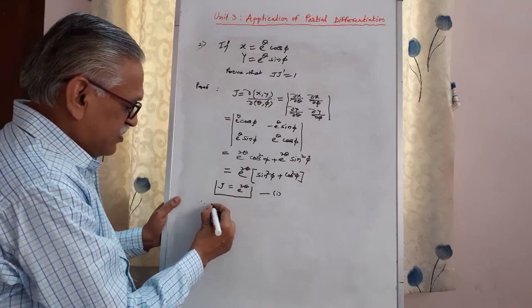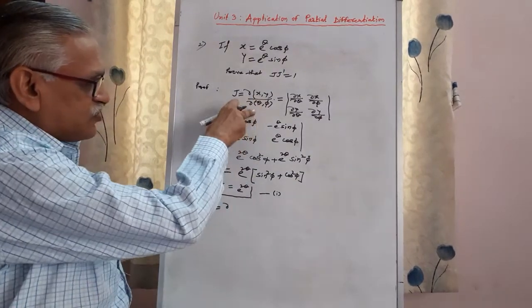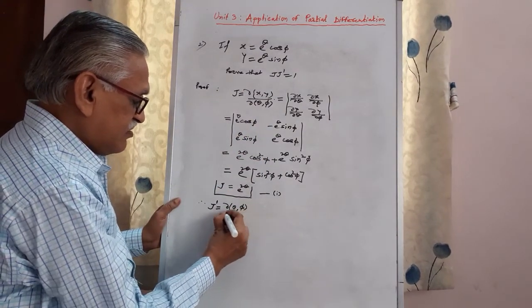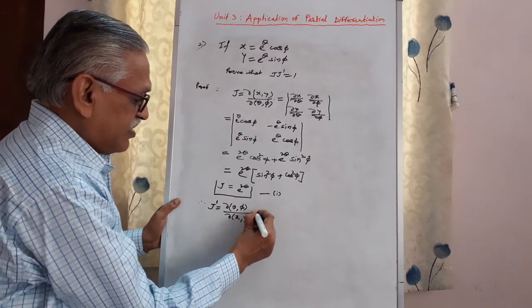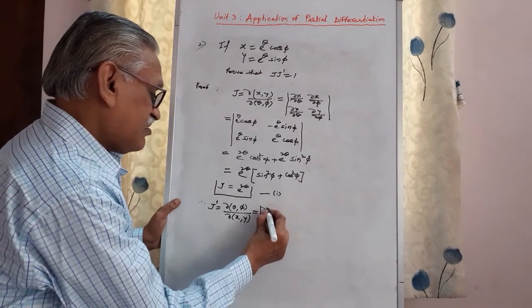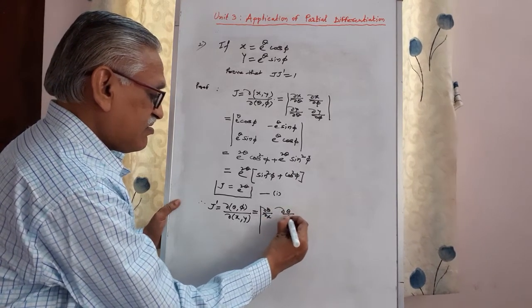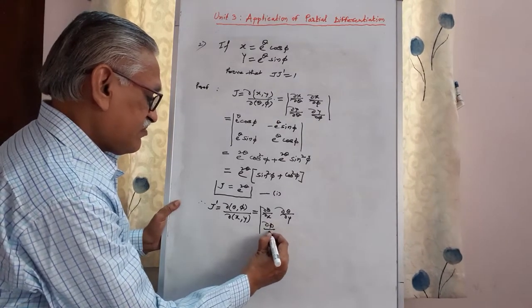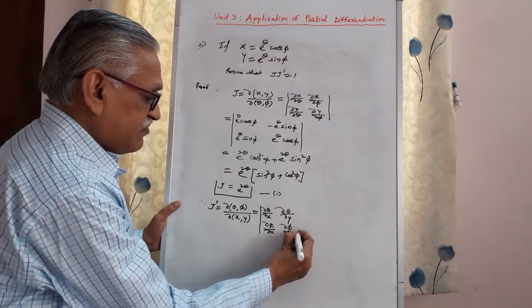Therefore, the reciprocal J dash is the reciprocal, dou of theta phi with respect to x y, and as per definition it is dou theta by dou x, then dou phi by dou x, and dou phi by dou y.